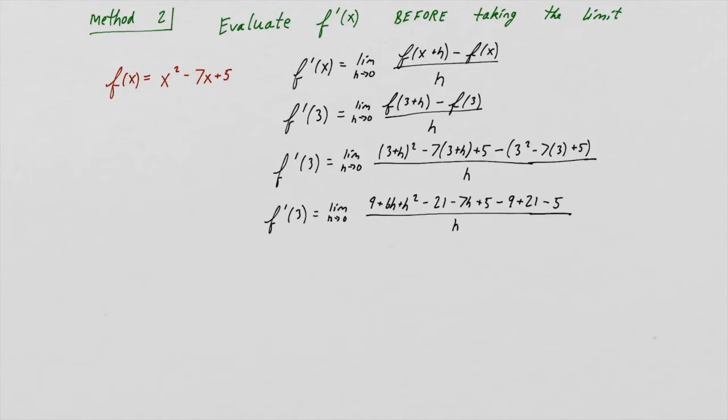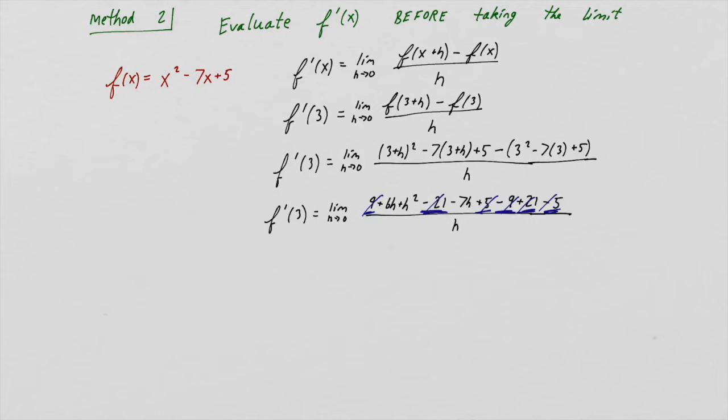And you'll notice here in the numerator a ton of stuff either adds to 0, cancels out, or combines together. We have a plus 9 and negative 9. We have a negative 21, we have a positive 21. We have a positive 5, we have a negative 5. Those all are gone. The constants all end up canceling out here, which is really great.